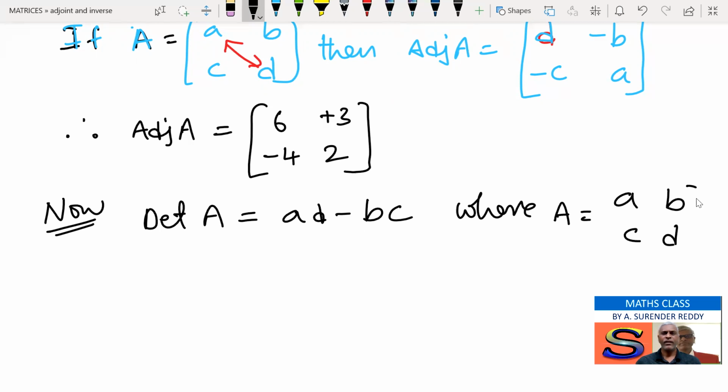ABCD అనే ఒక మాత్రికకు దాని నిర్ధారకం det A ఏమైందంటే AD minus BC. Already we did with so many problems. AD minus BC, just like cross multiplication. So now let us find that det A.